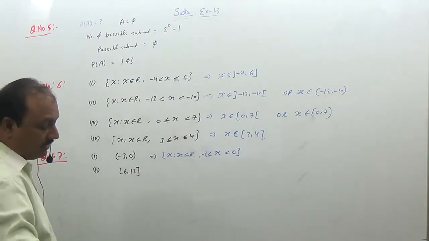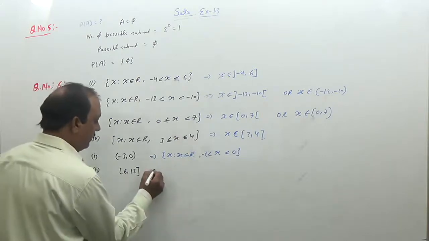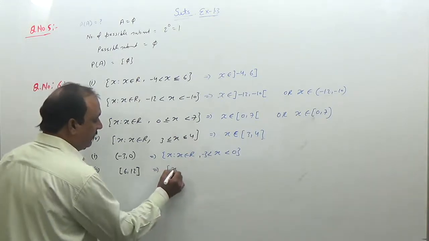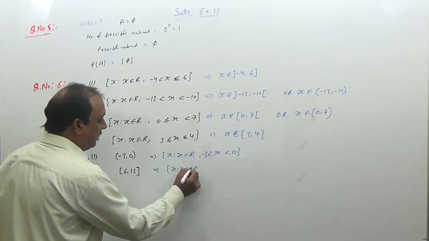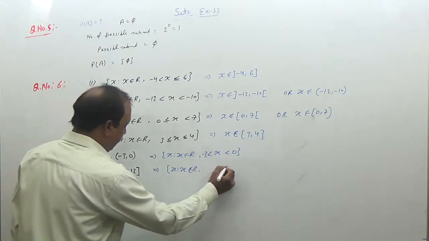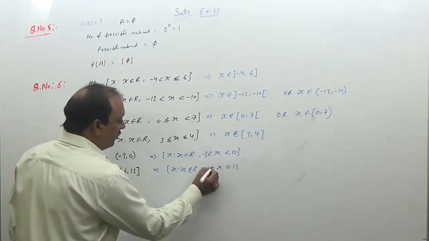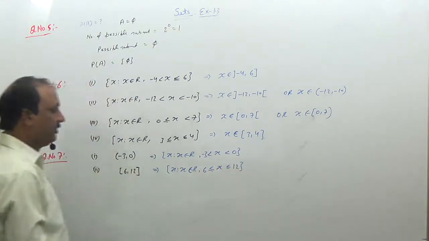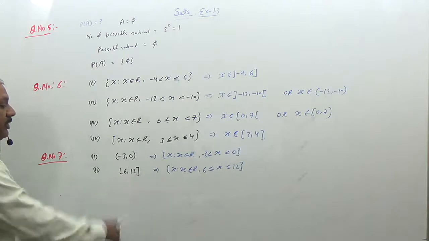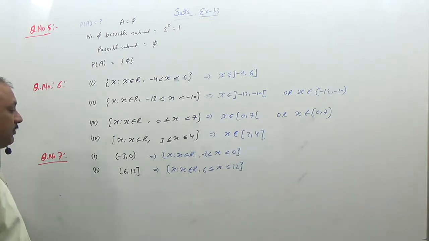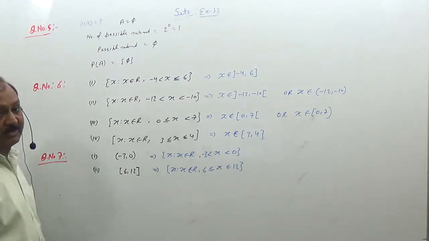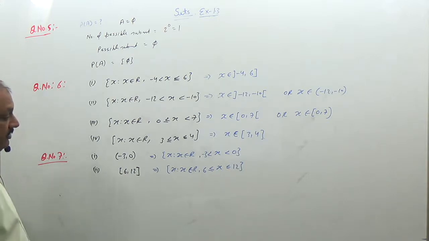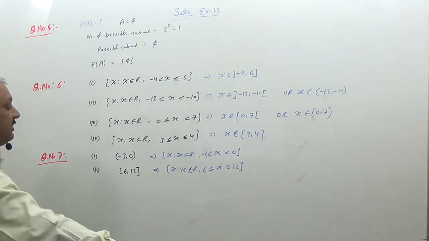So we want to write down the set builder form. Its set builder form is x such that x is any real number and x is less than or equal to 12 and greater than or equal to 6. Because this is a closed interval, the limiting points will be included. So this is the set of all real numbers which are 6 or 12 or lie between 6 and 12. So this one is the set builder form.